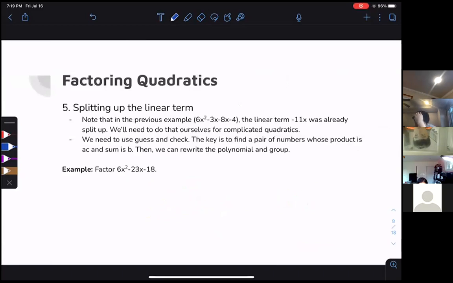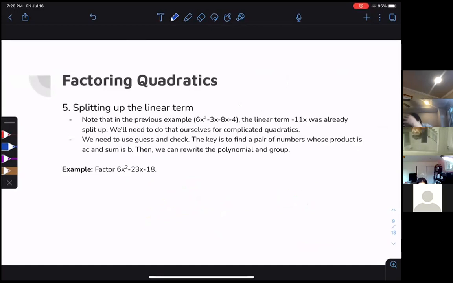So note that in the previous example, negative 11x is already split up. We'll need to do that ourselves for complicated quadratics though, and we need to guess and check. The key is to find a pair of numbers whose product is AC and whose sum is B. Then we can rewrite the polynomial to group.